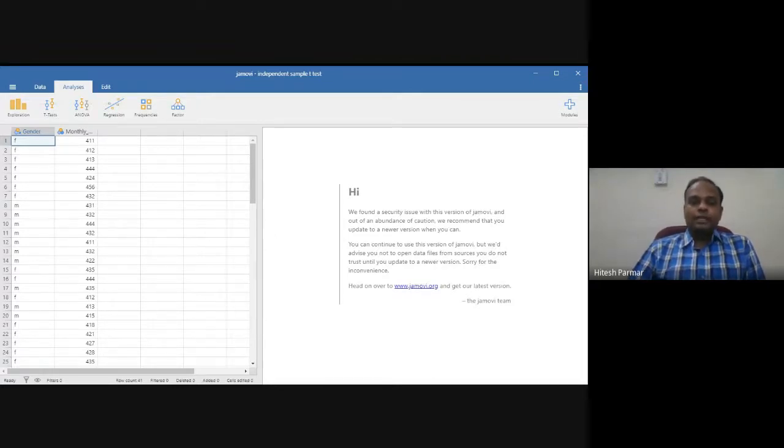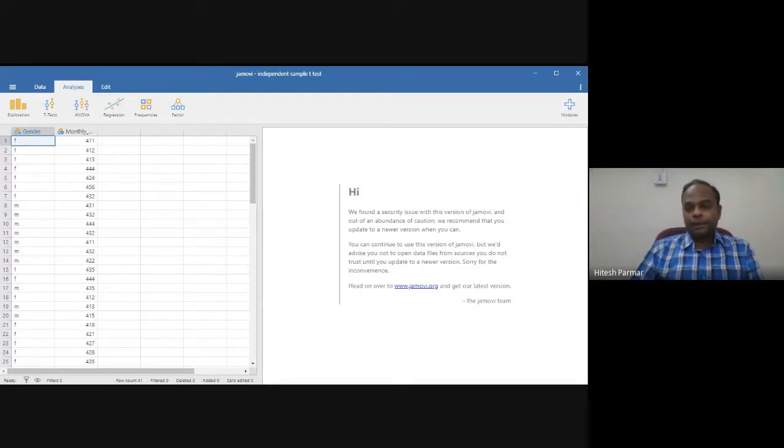These two groups can be respondents obtained from two different cities, or two types of organizations, maybe large scale and medium scale, or two age groups, or two occupational groups, or whatever two groups that you wish to compare.